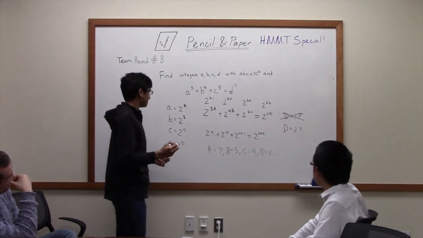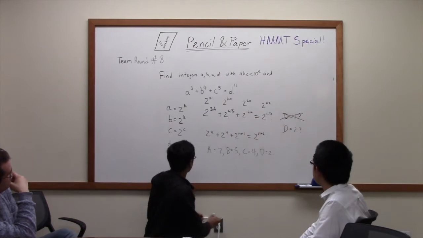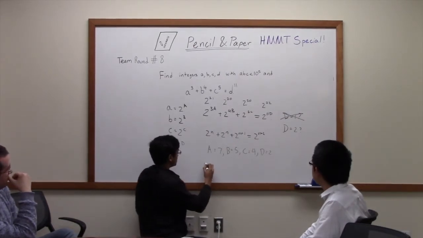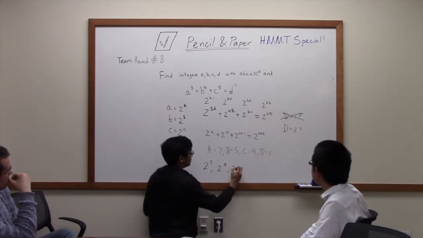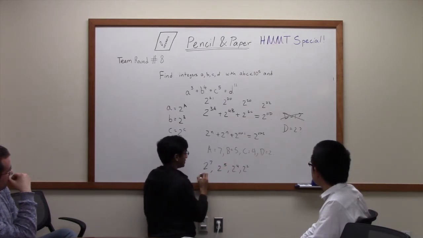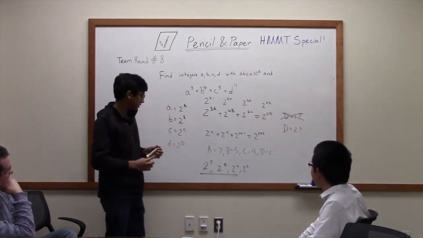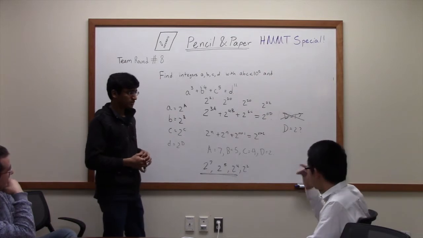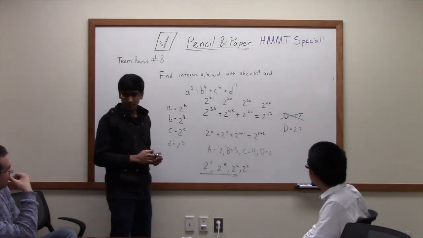Now we only need to check if this is small enough. We have 2 to the 7, 2 to the 5, and 2 to the 4, and their product is 2 to the 16, or 65536, which is less than 10 to the 5. So this works.